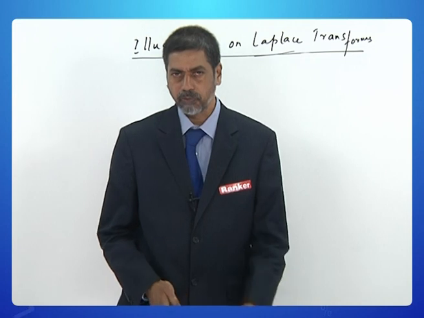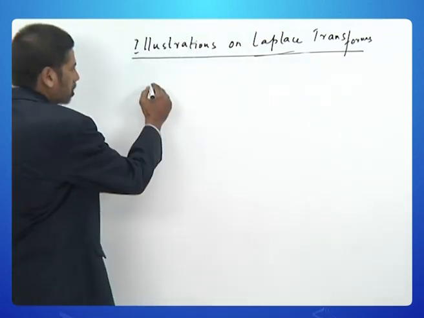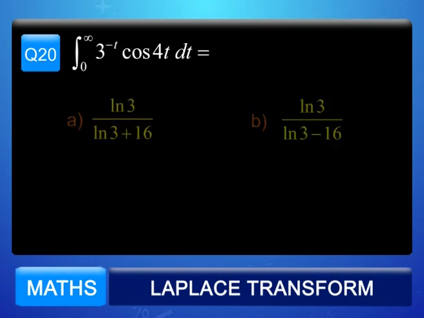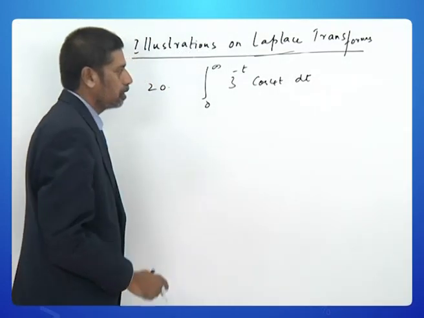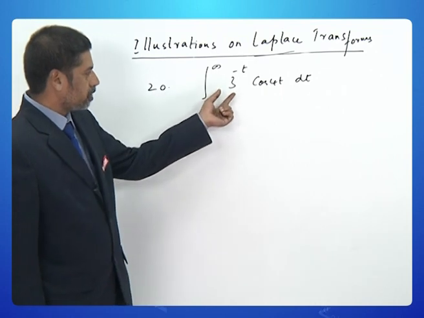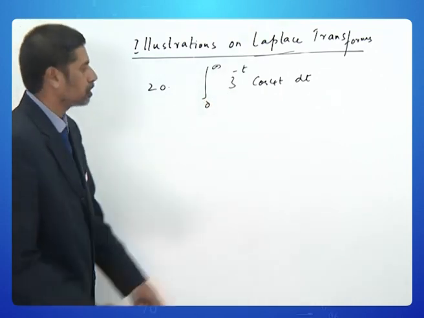Friends, 20th problem is based on a similar idea. The problem that we choose will be integral 0 to infinity 3 power minus t cos 4t dt. Well, the only challenge is to convert this into an exponential function.